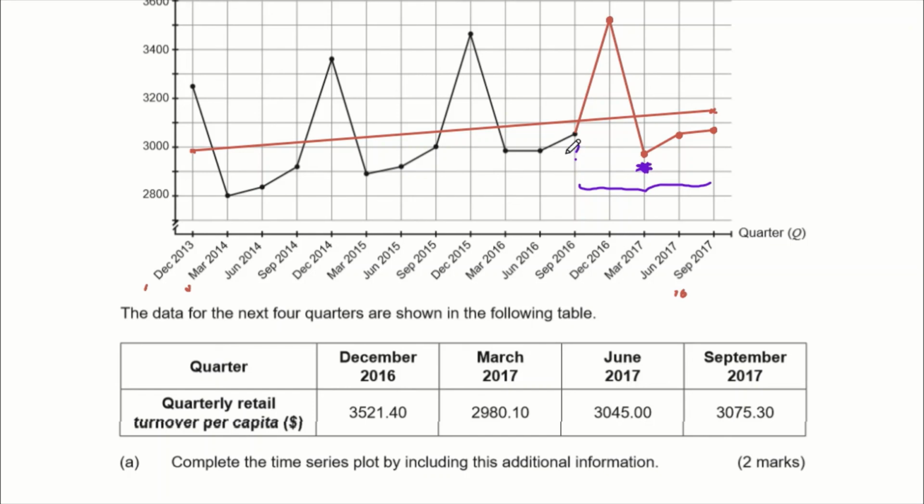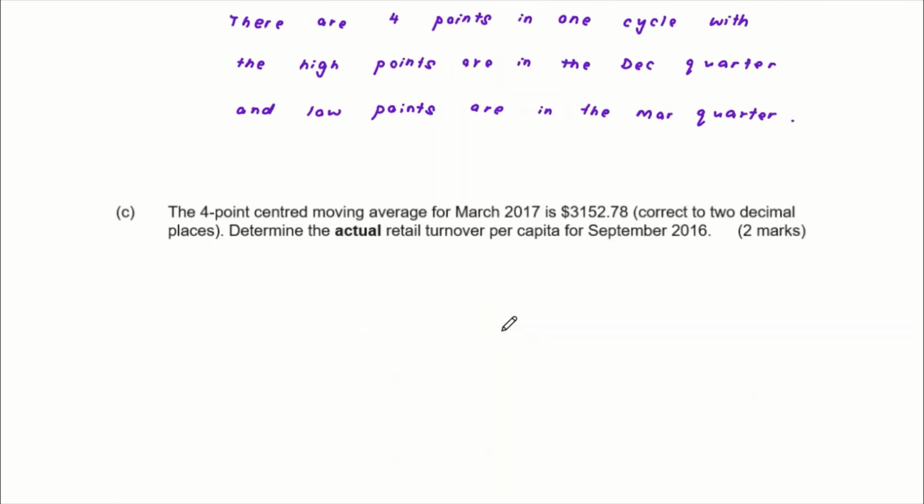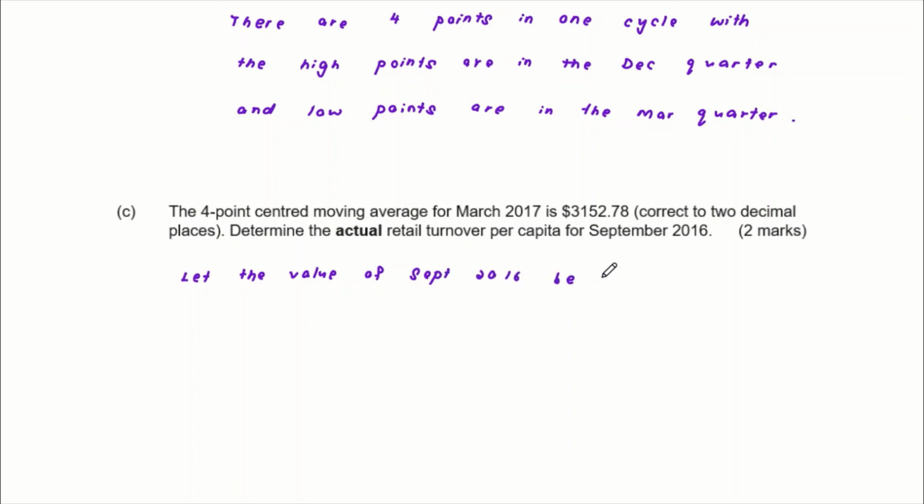Alright, so we try to let this number become our x here. Okay, so let the value of September 2016 be x. Okay, so that's our first value. So 0.5 multiply x.